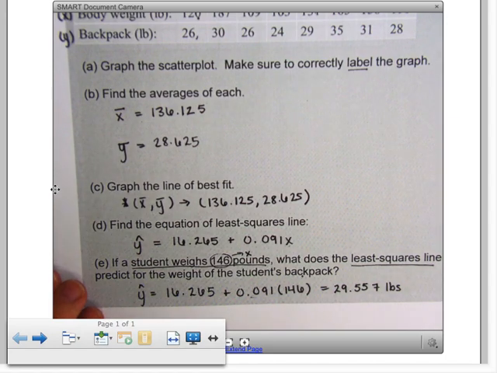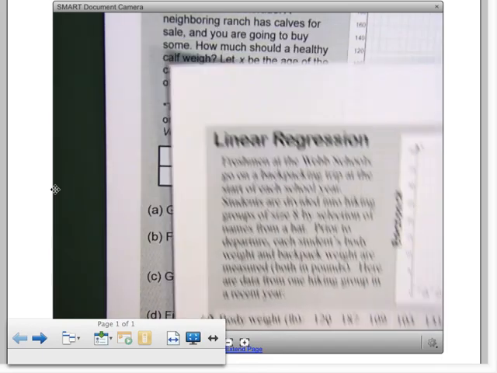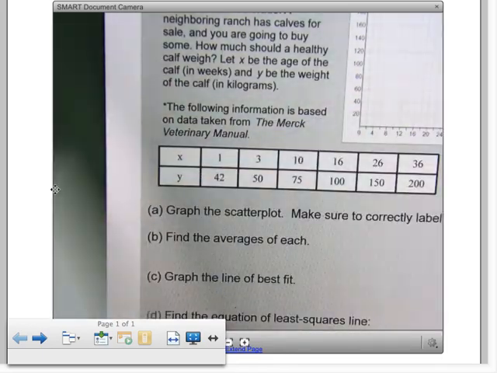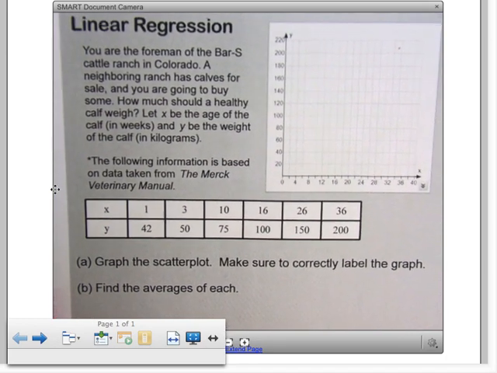Okay. All right, we're going to do one more example. So flip your notes over to the back. I'll give you 1 second to read through it.